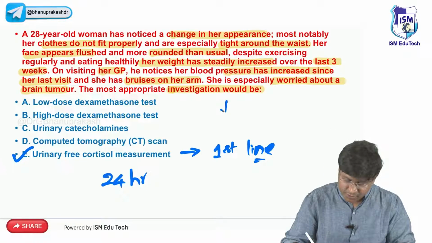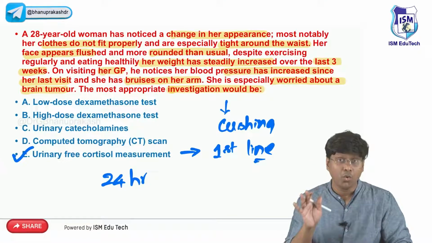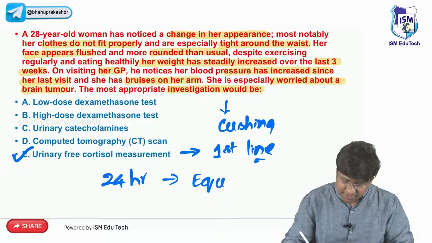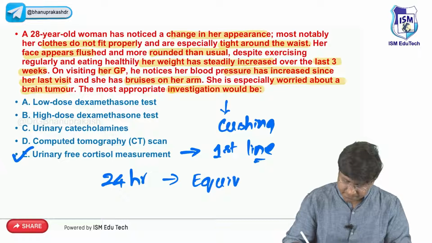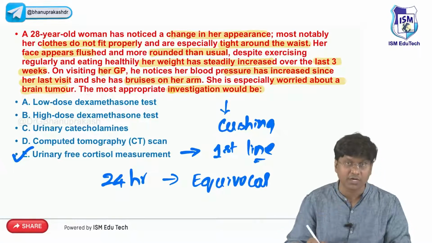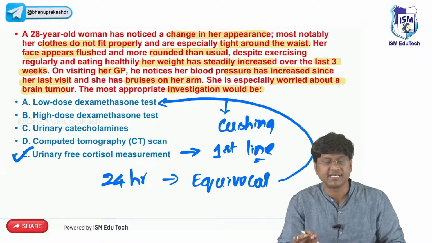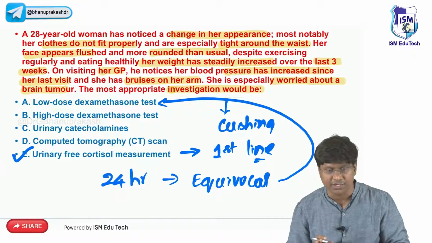So when you are suspecting Cushing's, the first line investigation will be 24-hour urinary free cortisol levels. Only if that test is equivocal should you do the low dose dexamethasone suppression test. Otherwise, the first line investigation is the 24-hour urinary free cortisol levels.